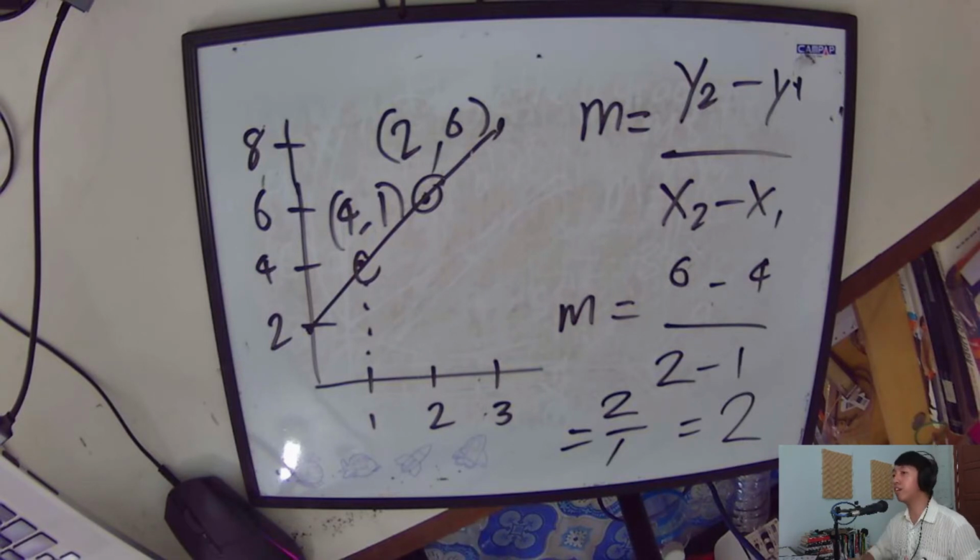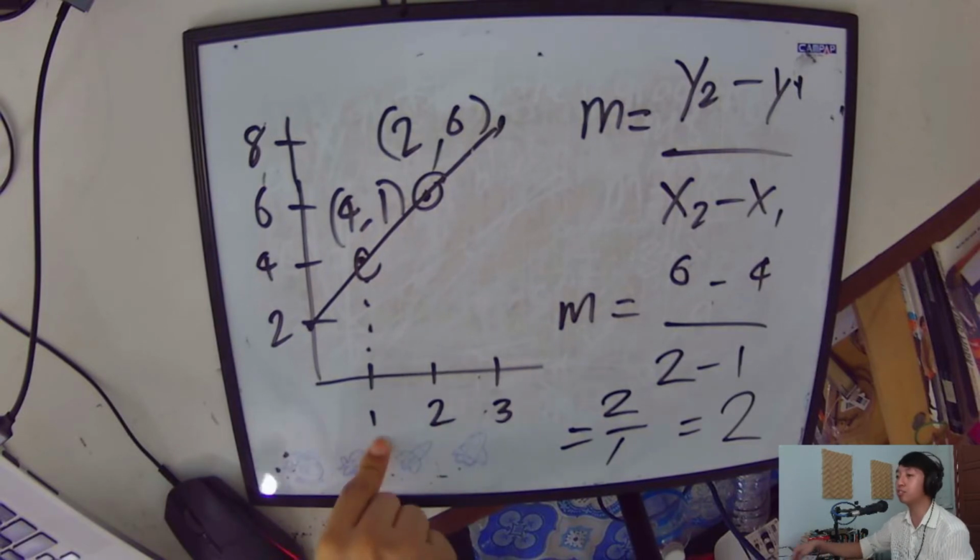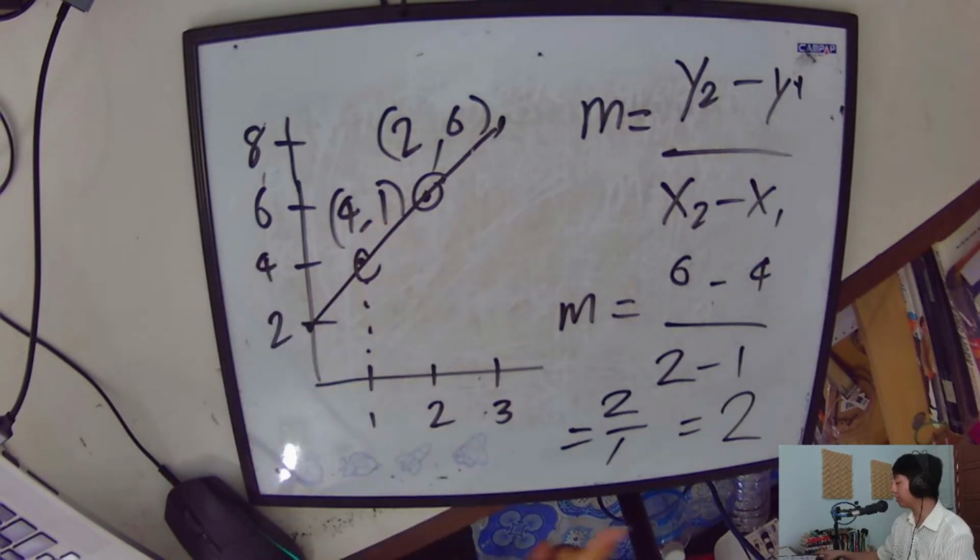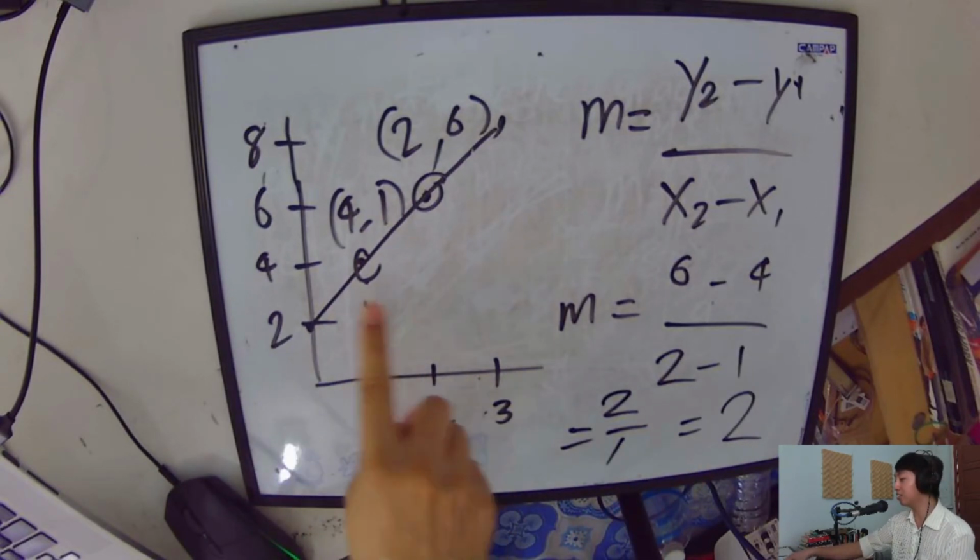Okay, another way for us to understand gradient is like this. When x increases by 1, y will increase by 2. That's the meaning of this gradient. When x increases by 1, y increases by 2.